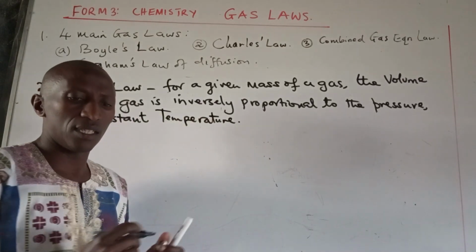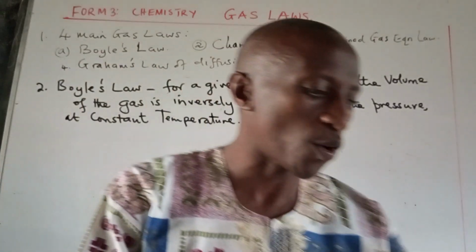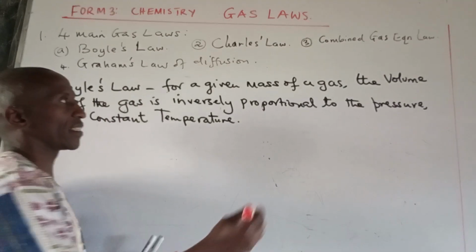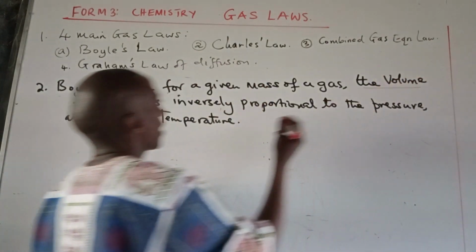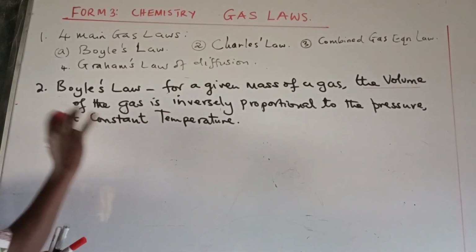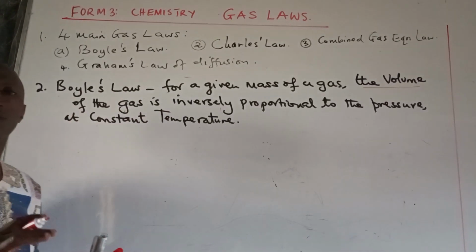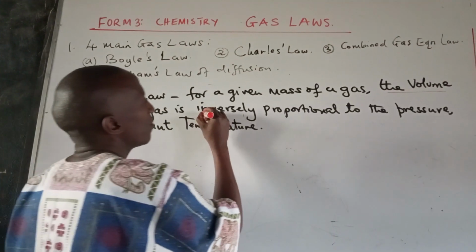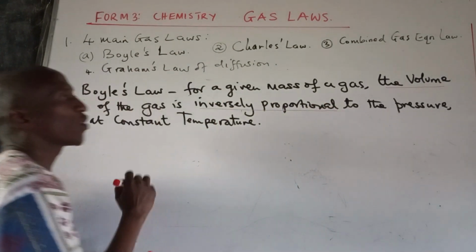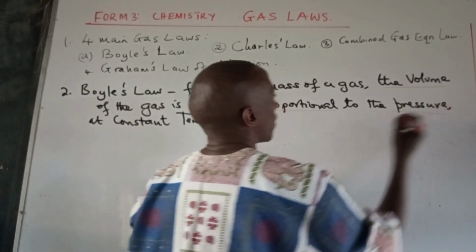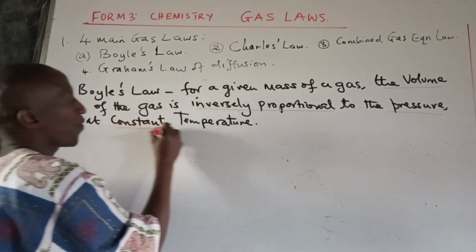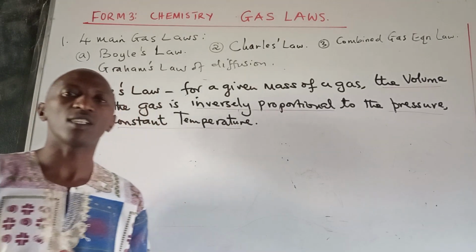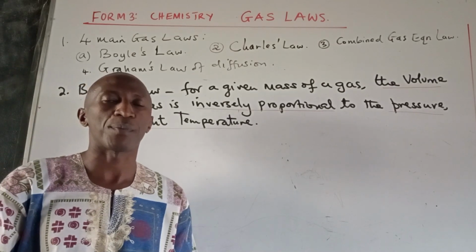So this is very important. For a given mass, or sometimes you say for a fixed mass of a gas, the volume is inversely proportional to the pressure, provided the temperature is kept constant. This is best illustrated by the bicycle pump.